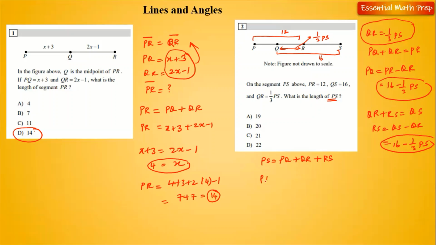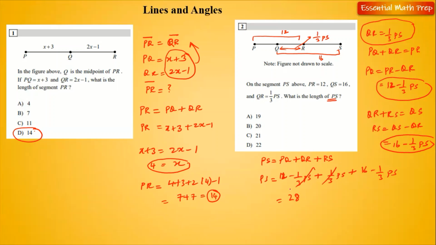So PS equals, PQ is 12 minus 1/3 PS, plus QR is just 1/3 PS, and RS is 16 minus 1/3 PS, right? We can simply cancel these out. So this is 12 plus 16 is 28.